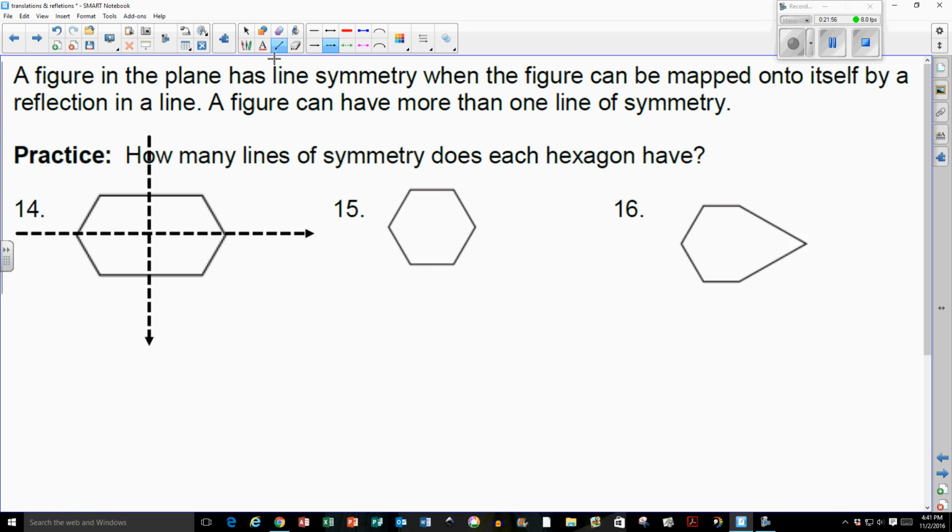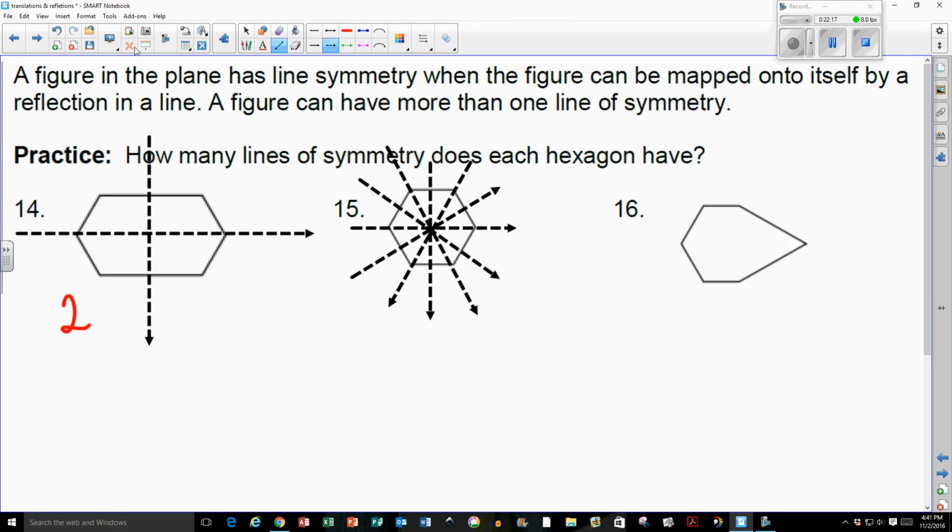So this one has 2 lines of symmetry, where this one over here, well, I can go this way and this way again, but then I can also go this way, and then I can also go through these 2 corners and these 2 corners. So this one has 6 lines of symmetry, where this one over here only has 1.